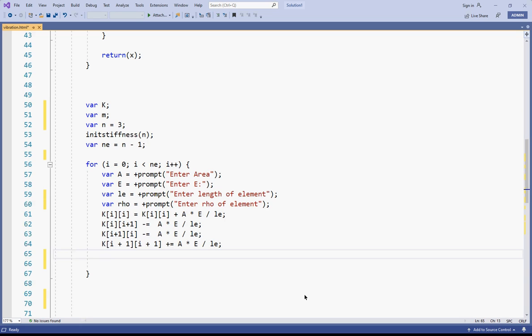Okay, so we require the mass matrix. So mass of i, it is the diagonal element.